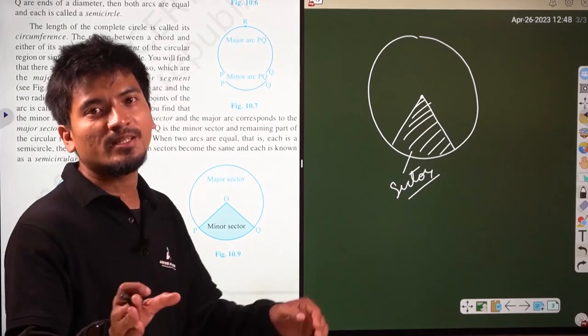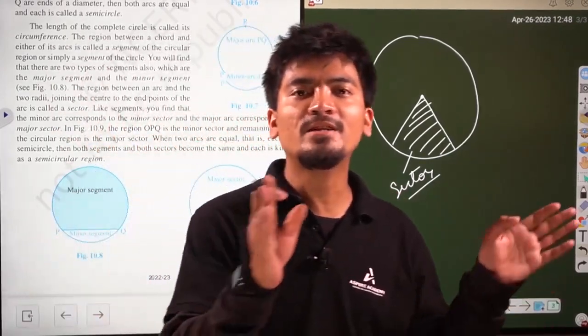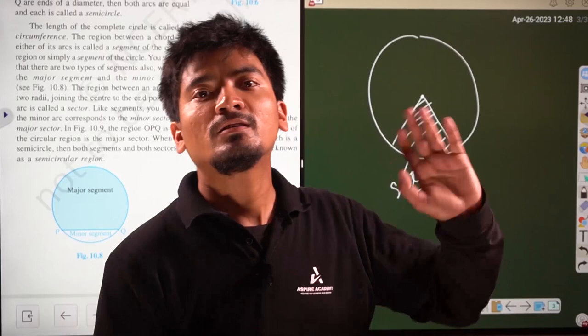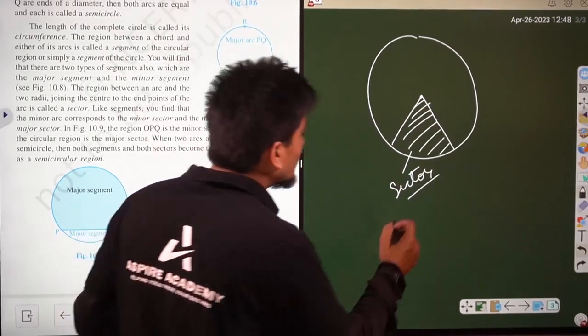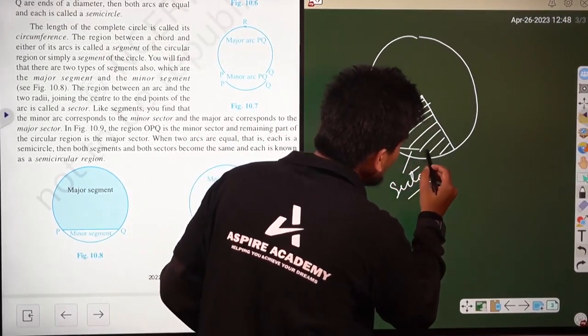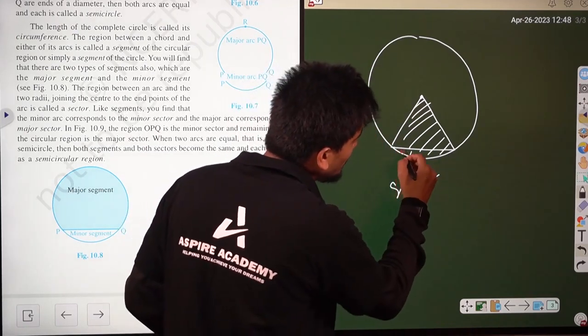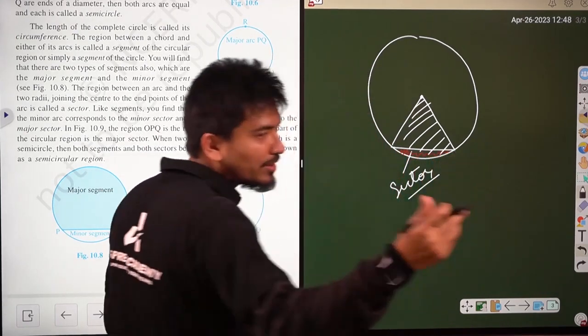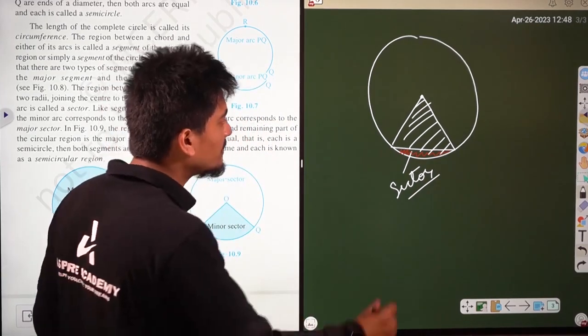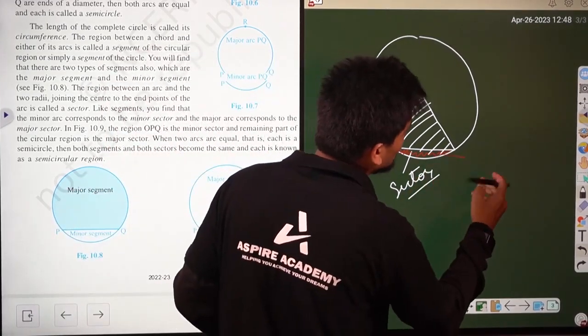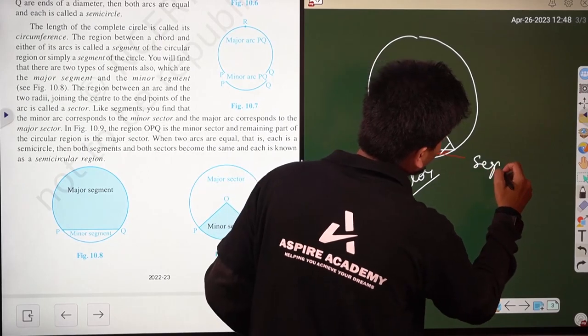Or else your friend said that in this particular area I live in this apartment on the first floor. So if you visit that particular place and the exact location, that means this part, the first floor or that particular house, this part is known as the segment. Okay.